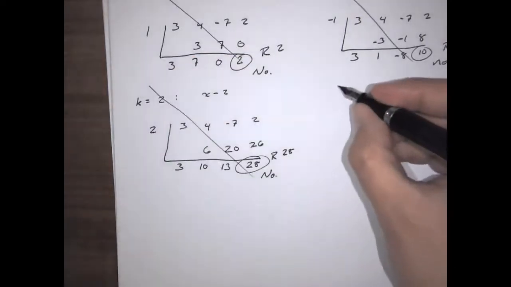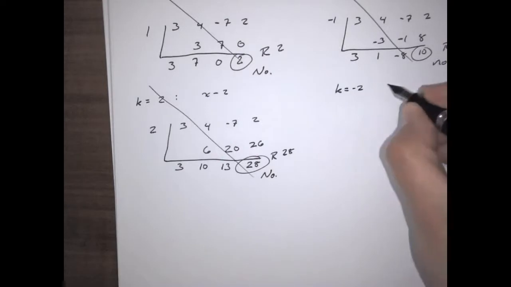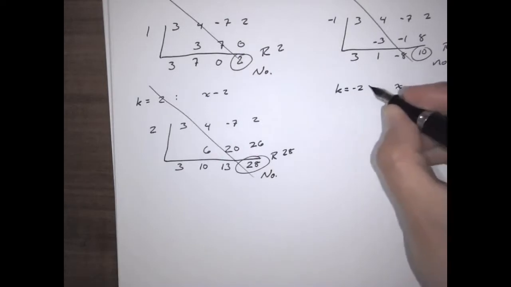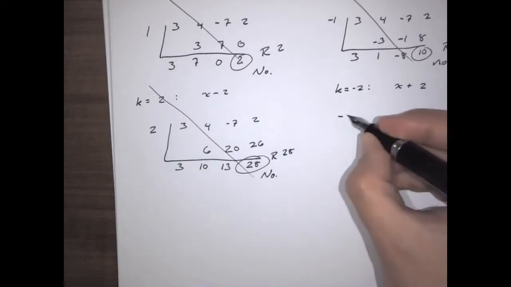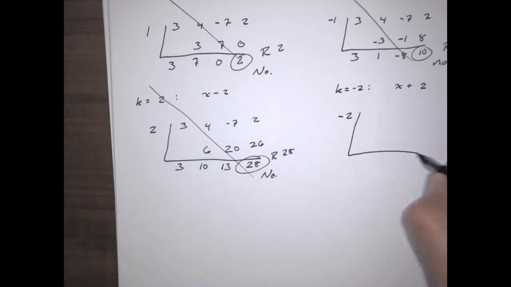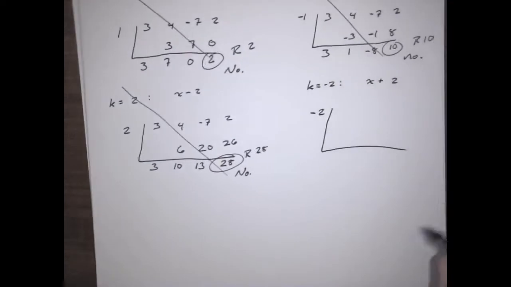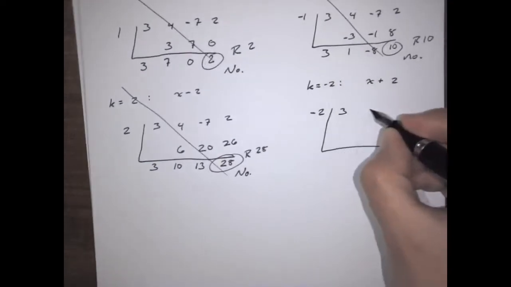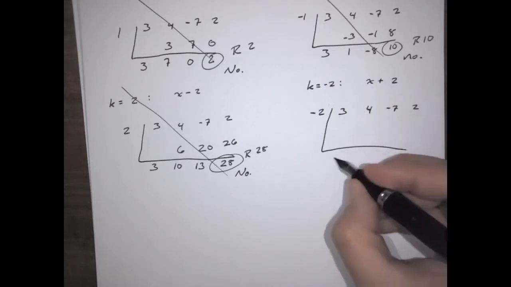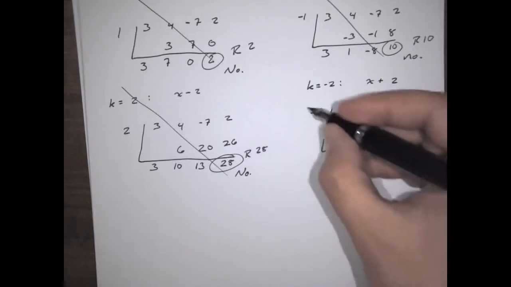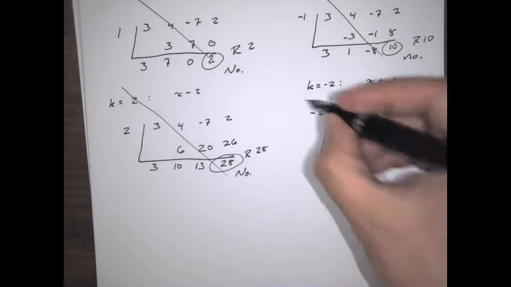Okay. How about k equals -2? So it's going to make an x plus 2. And here we try. So 3, 4, -7, and 2. Down comes a 3. That's going to make a -6 when we multiply.